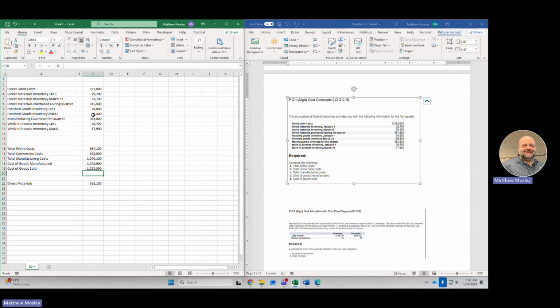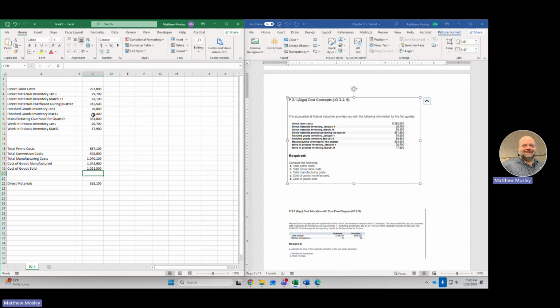So basically, we had our beginning, we got all this stuff that the goods manufactured, right? Minus the things that are left over that are still work in process. Subtract out our ending inventory balance for finished goods, because if it's in our inventory, it's not sold. And that's pretty straightforward on how we do that.